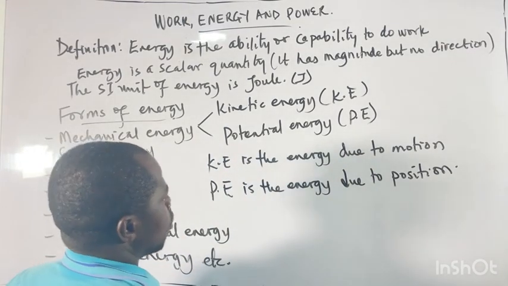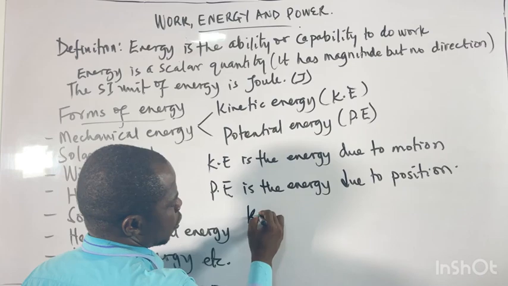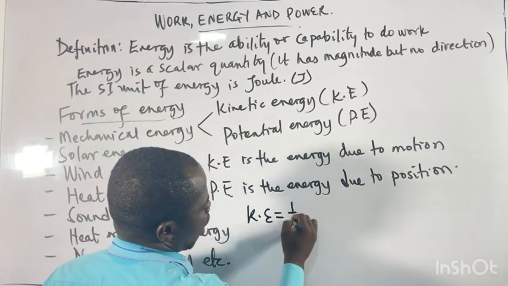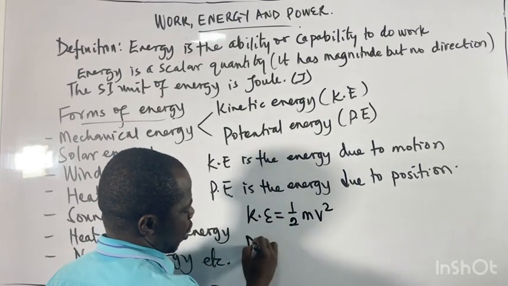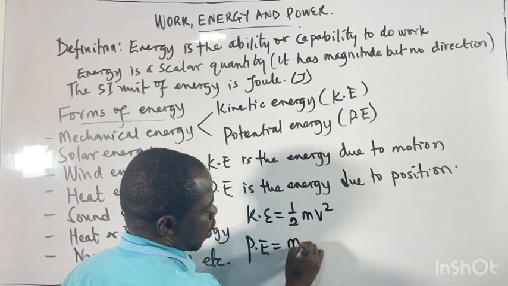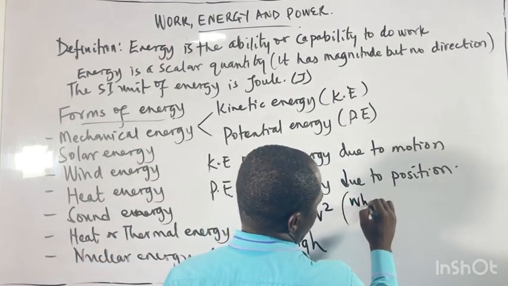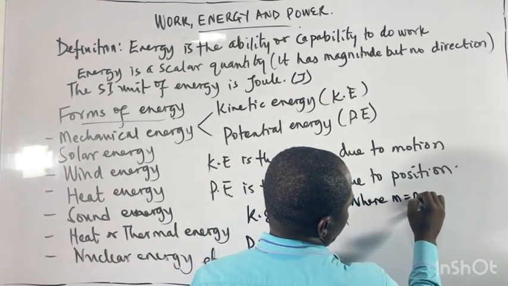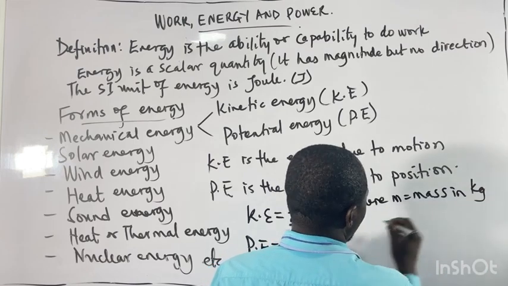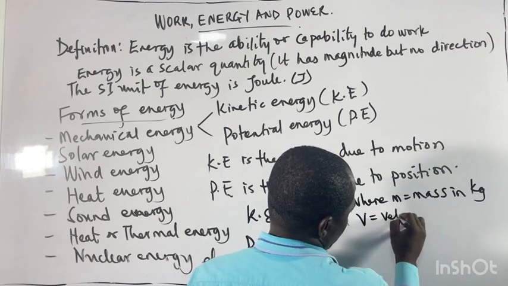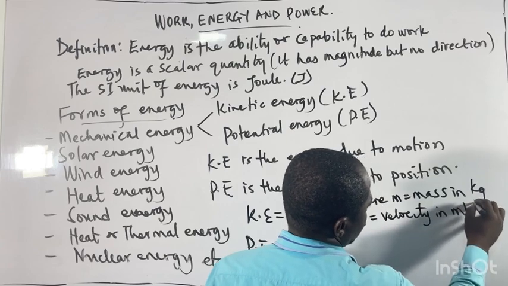And also, when you look at the kinetic energy, how do you calculate the kinetic energy? The kinetic energy is calculated as half mv squared, while the potential energy is calculated as mgh. In this case, m is equal to mass in kilogram and v is equal to velocity in meter per second.